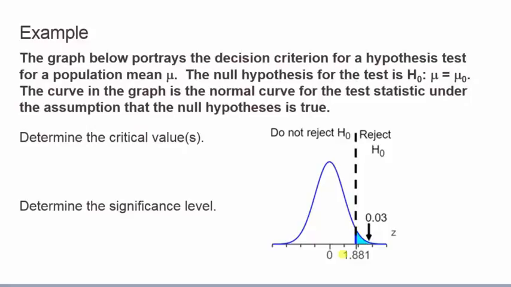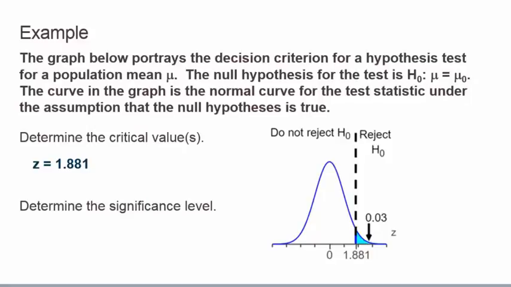Since they give us the z-score of 1.881, and that is the point that determines the rejection region versus the non-rejection region, our critical value is z equals 1.881.